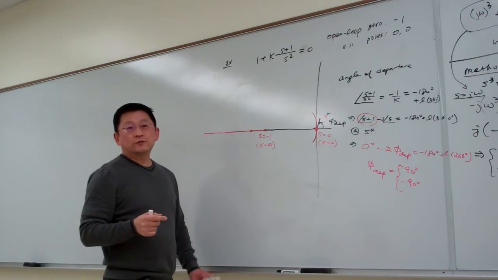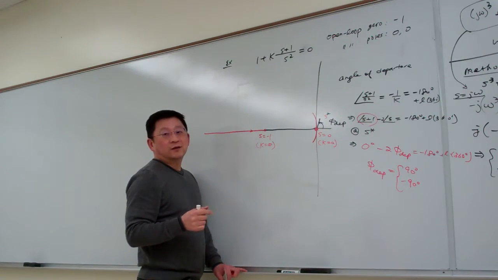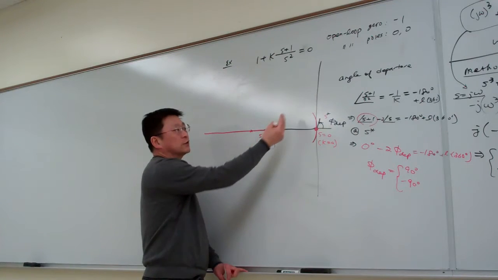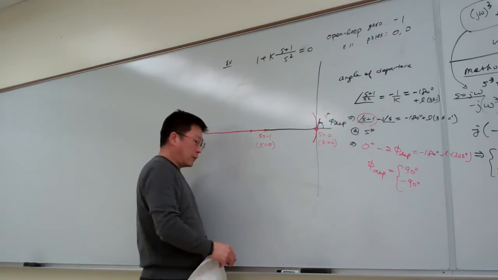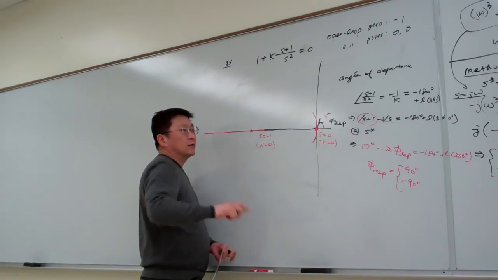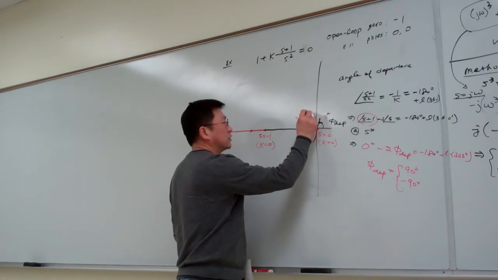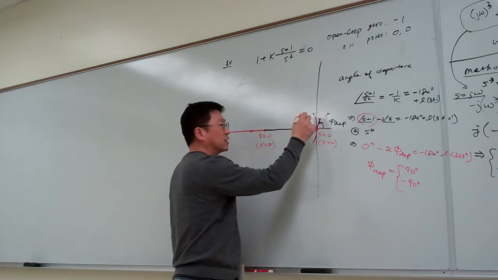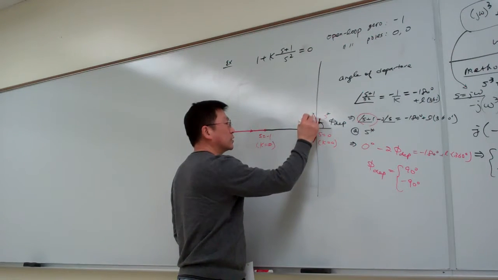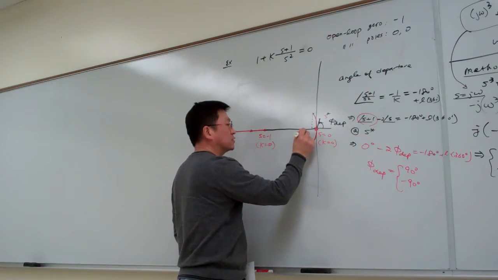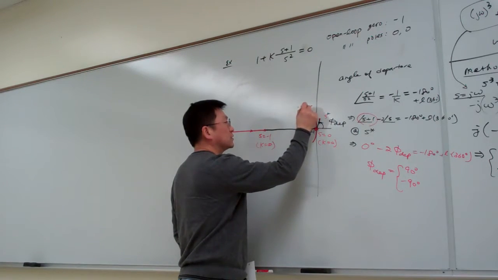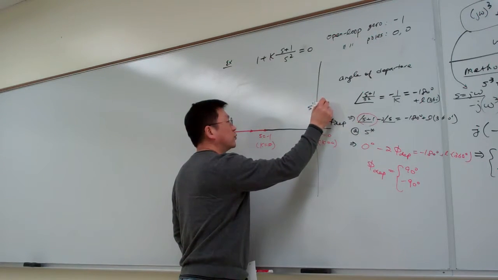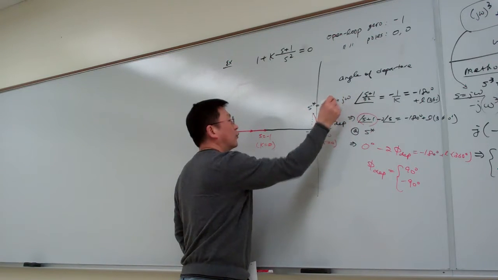If you are so picky, asking why it's curved left, I can tell you why: you try one more test point. For example, you can try this test point here. For example, say this one is minus 0.1, so we can set a test point equal to minus 0.1 plus certain j omega.